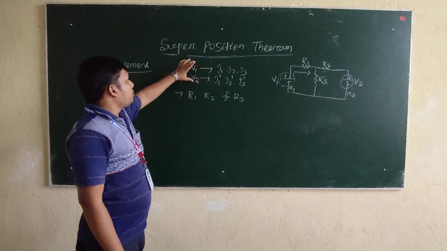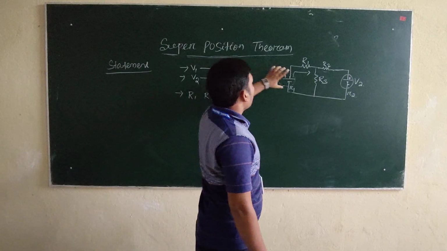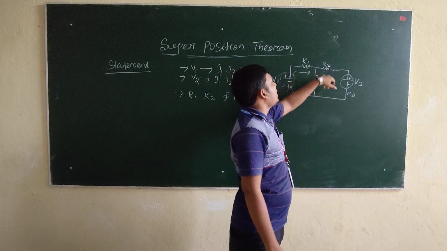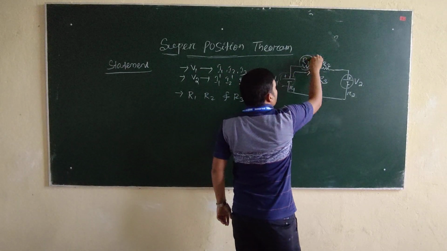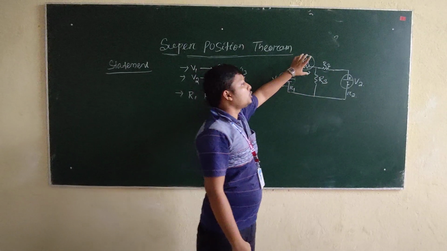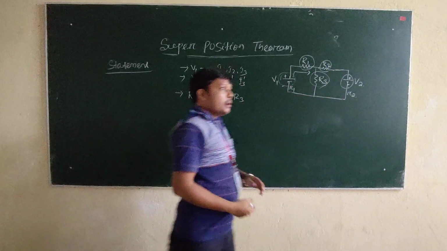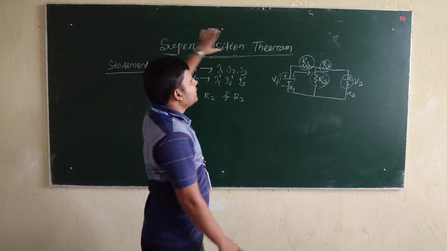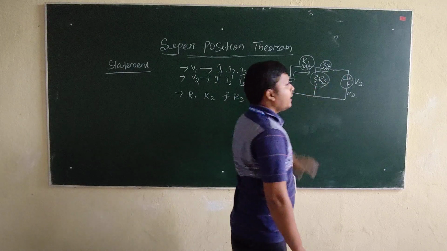From the two sources, currents flow through the three resistances, but we have to know how much current flows through each. Only by applying the superposition theorem can we get the values of currents through R1, R2 and R3.